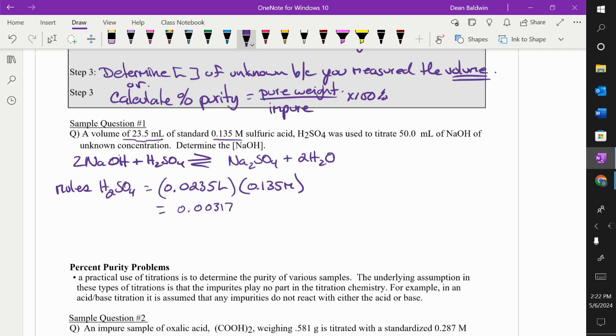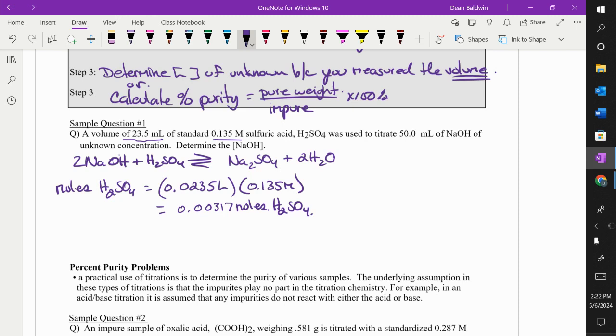All right, so that gives us 0.00317 or 3.17 times 10 to the minus 3 moles of H2SO4.